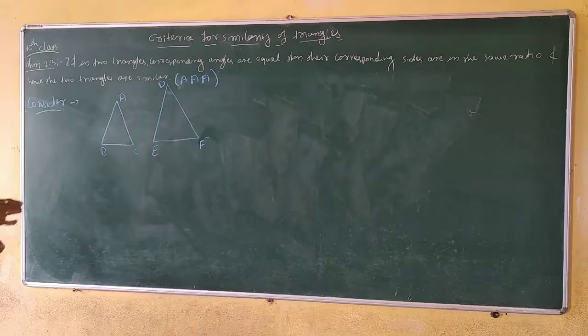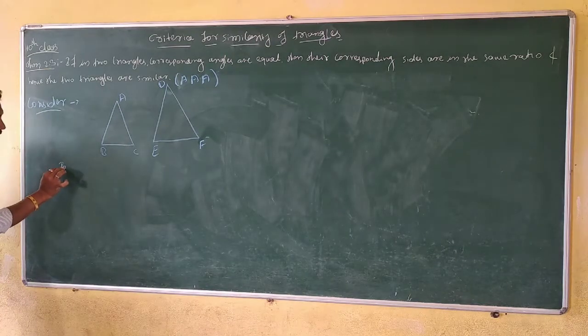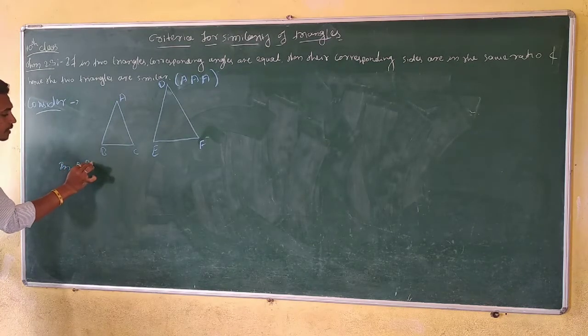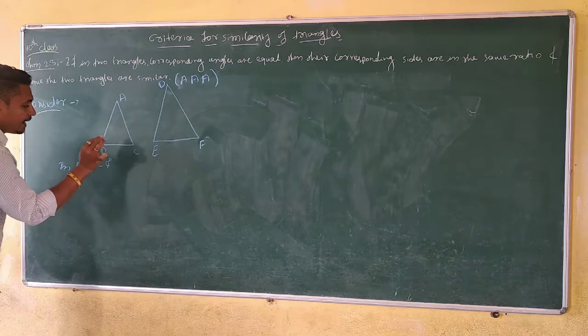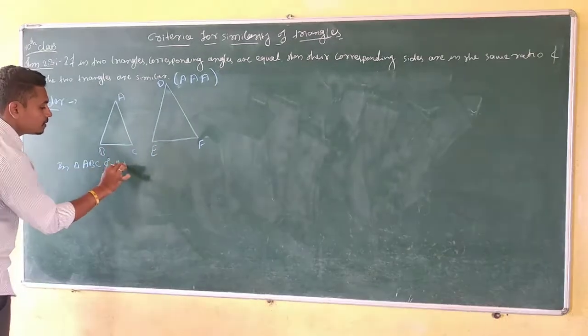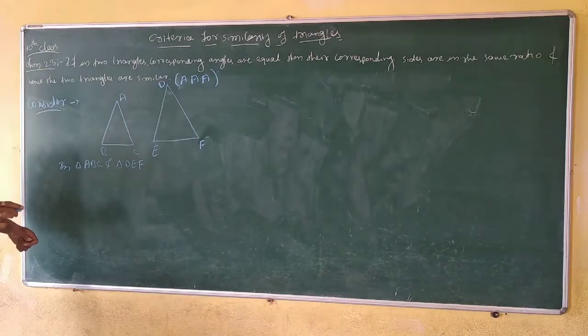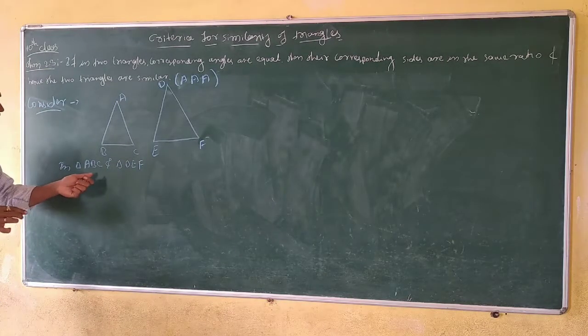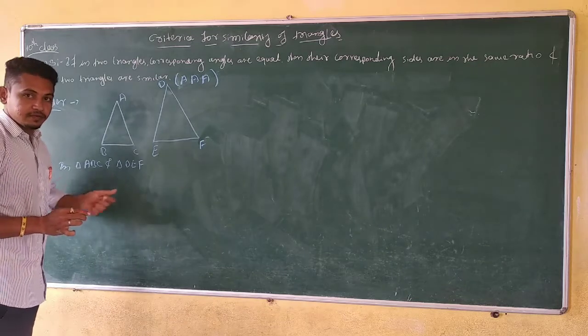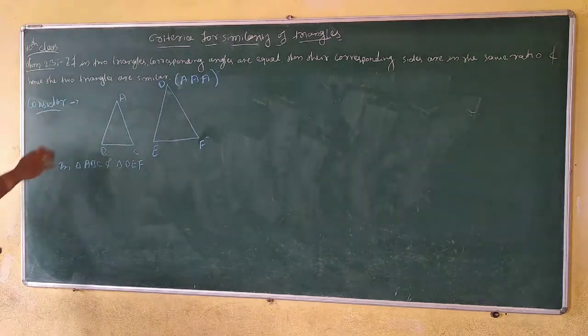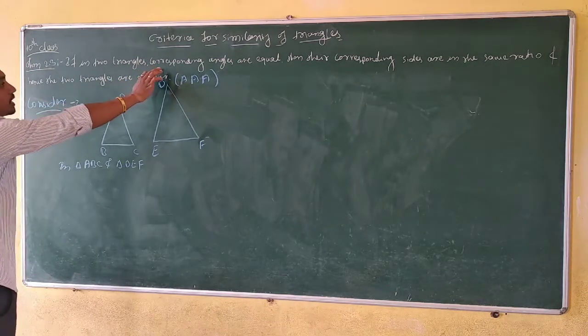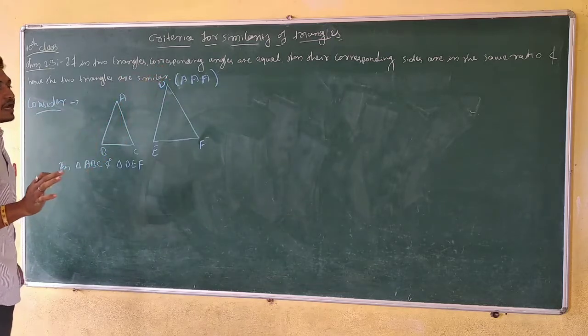Consider these are the two triangles. See here, in triangle ABC and triangle DEF, the corresponding angles are given as equal.